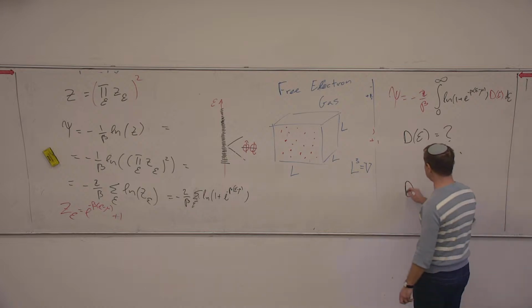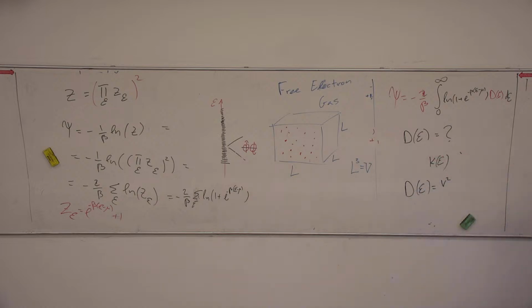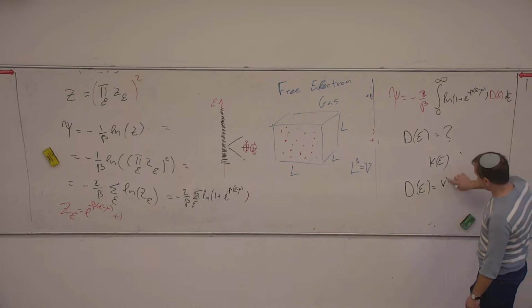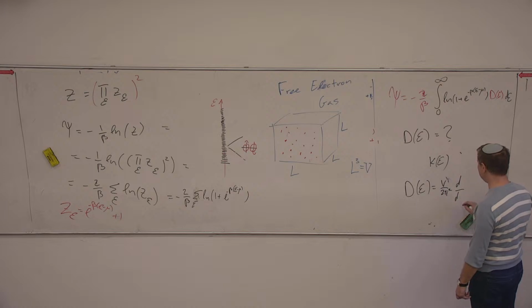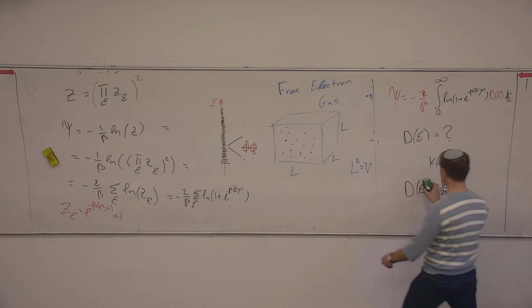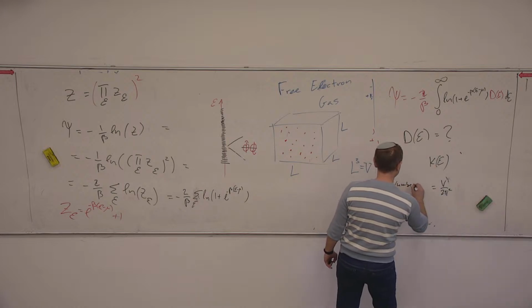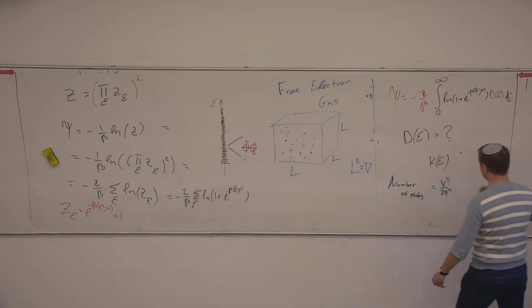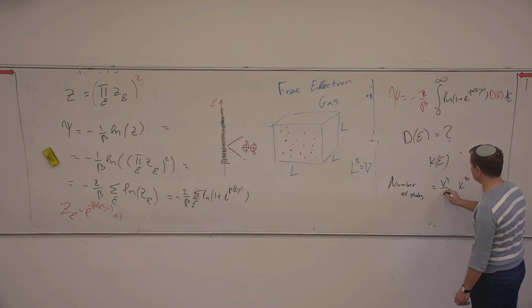We know that the number of states equals V divided by 2 pi squared, times k to the third, here we had 6.